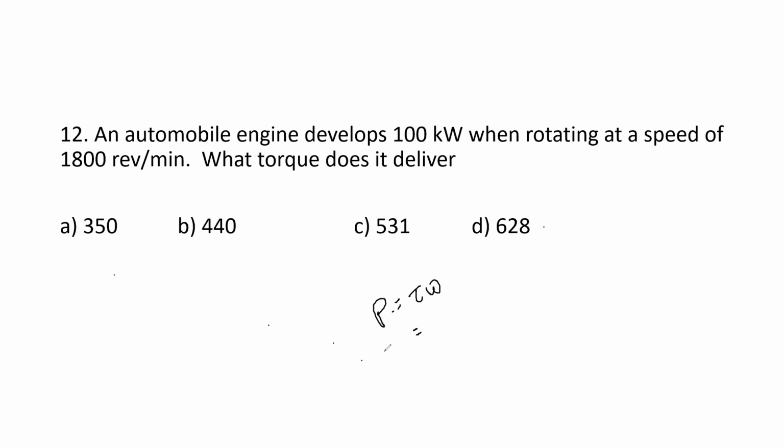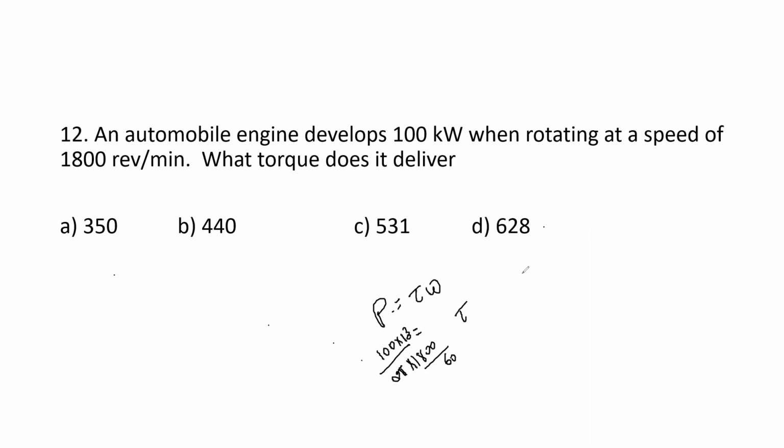It develops a power of 100 kilowatt, so I can write it as 100 into 10 to the power of 3 divided by omega. Omega is how much? 1800 revolutions per minute. This I can write as 2 pi into 1800 divided by 60.